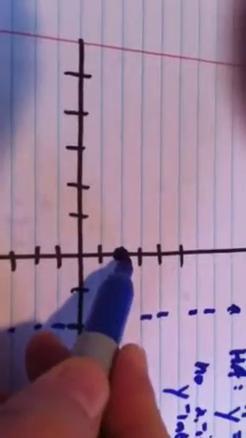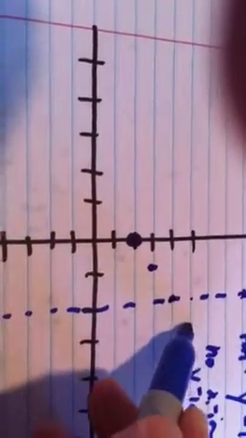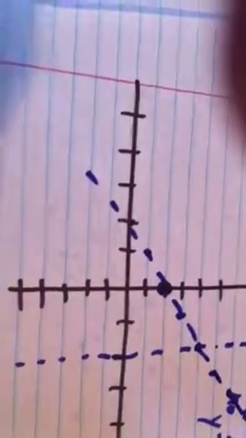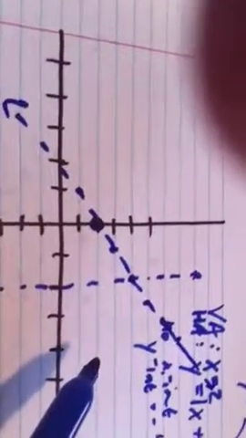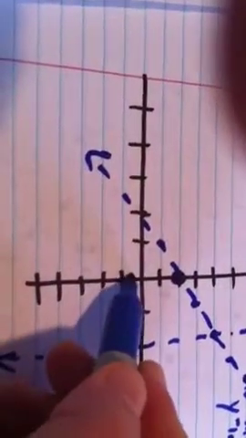So start by plotting that y-intercept, and from that point use your slope to go up 1 and over 1, up 1 and over 1, up 1 and over 1. So there is your slant asymptote.